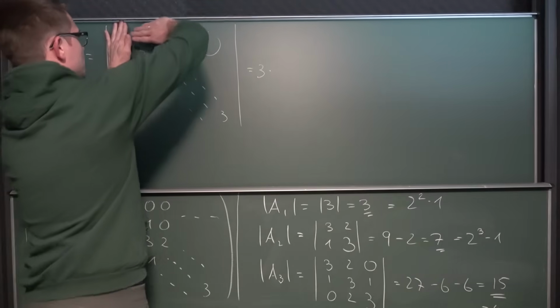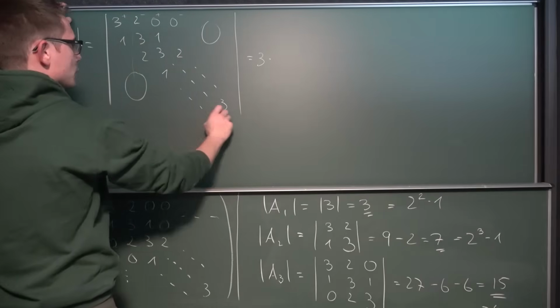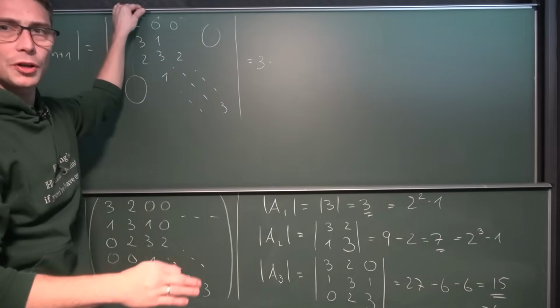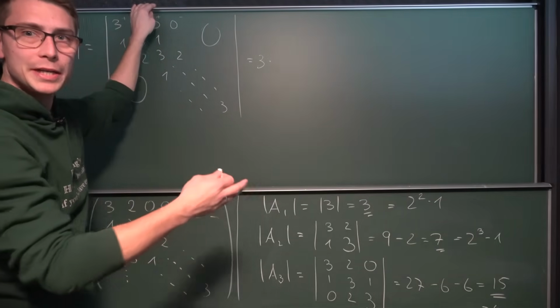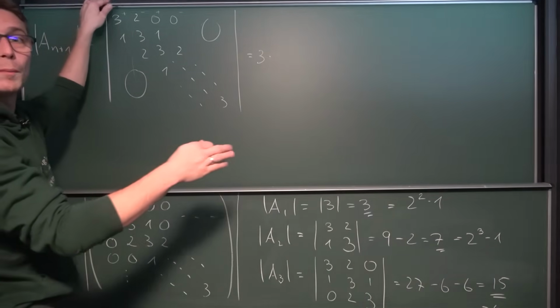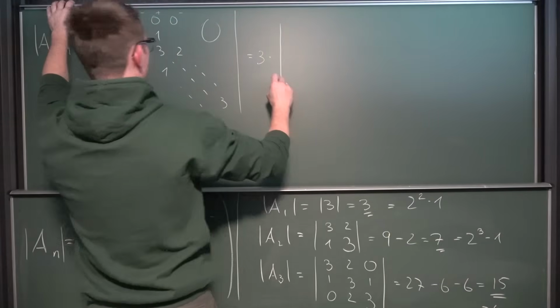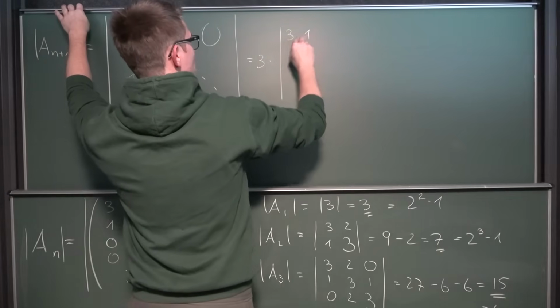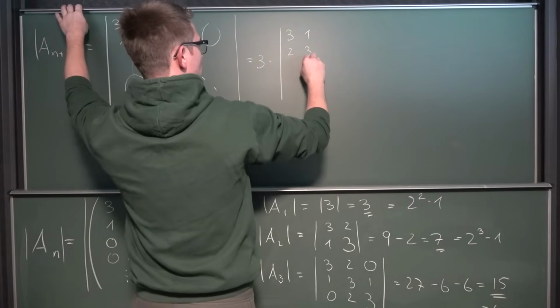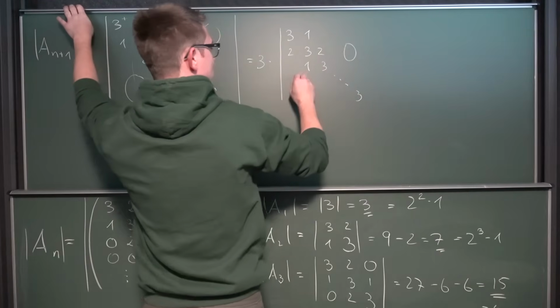So covering all of this up leaves us just with this matrix right here, which is going to be an n by n matrix, because we're going to reduce the dimension by 1, from n plus 1 to simply n, times the determinant of the matrix 3, 1, 2, 3, 1, 2, 3, and so on, 3 and zeros everywhere else.